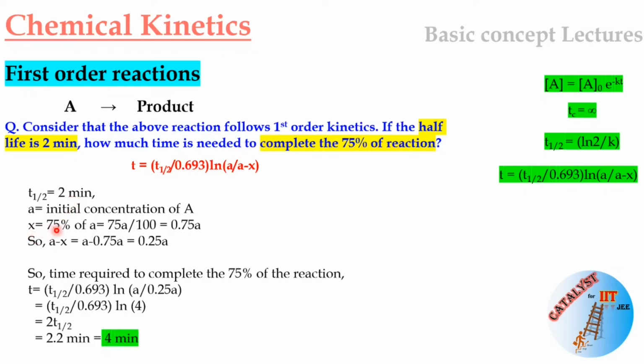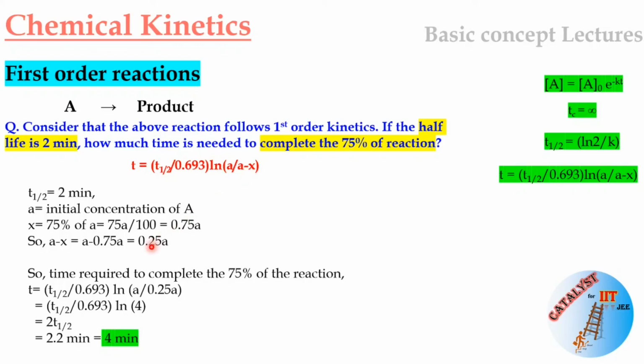So x is your 75%, which can also be written as 75% of A, which is 75 A by 100, equal to 0.75 A. So a minus x becomes A minus 0.75 A, which is equal to 0.25 A. So the time required to complete the 75% of the reaction becomes t half by 0.693 ln a by a minus x.